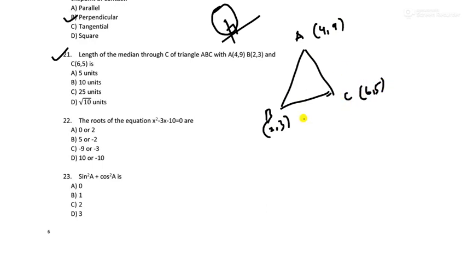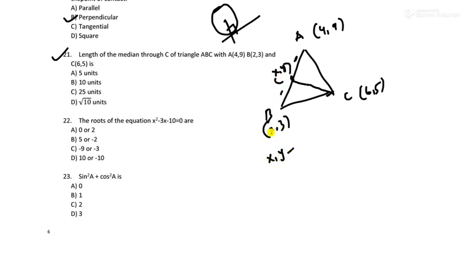The length of median through C. So for this you have to draw a median. Median is one which passes through the center point of A and B, and it passes through C. So you have to find the value of x comma y here. Both of them will be same because this is the midpoint. So find x comma y.